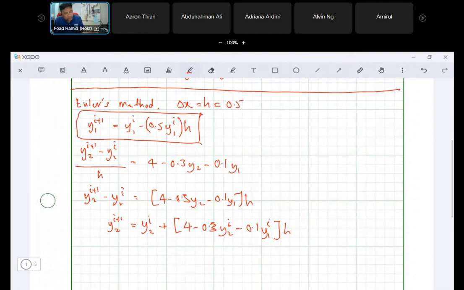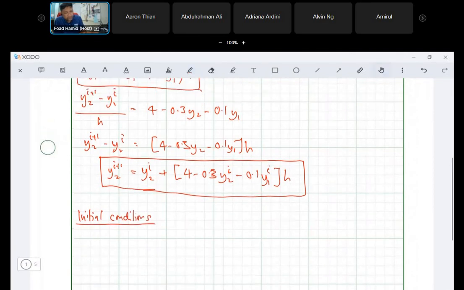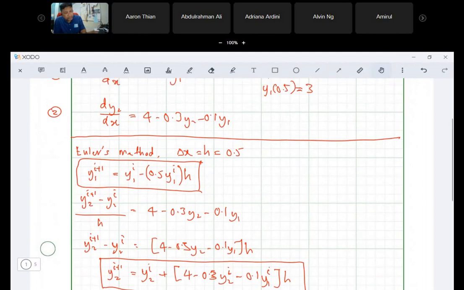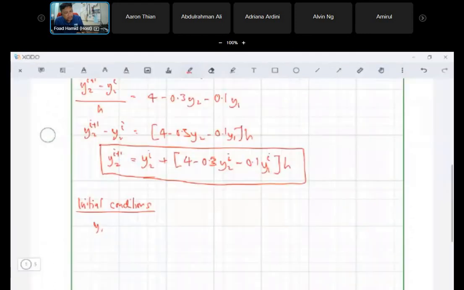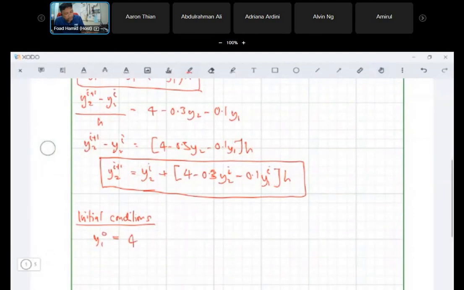simultaneously. Now look at initial conditions. We know that our initial condition just now is y1 at 0 equal to 4.